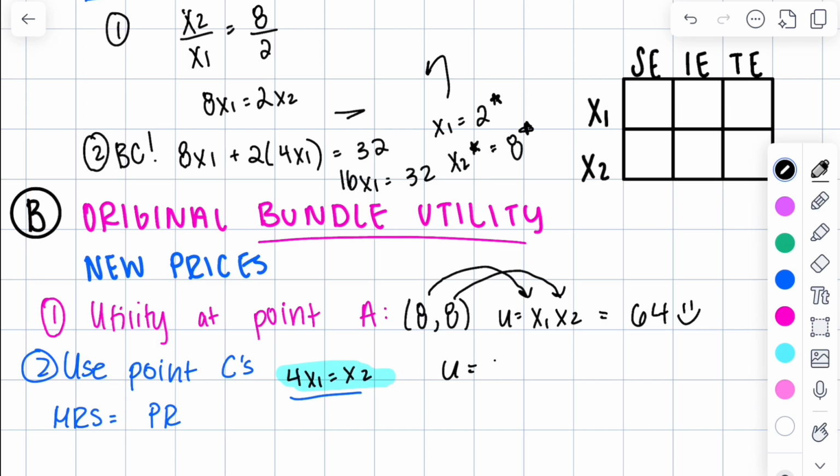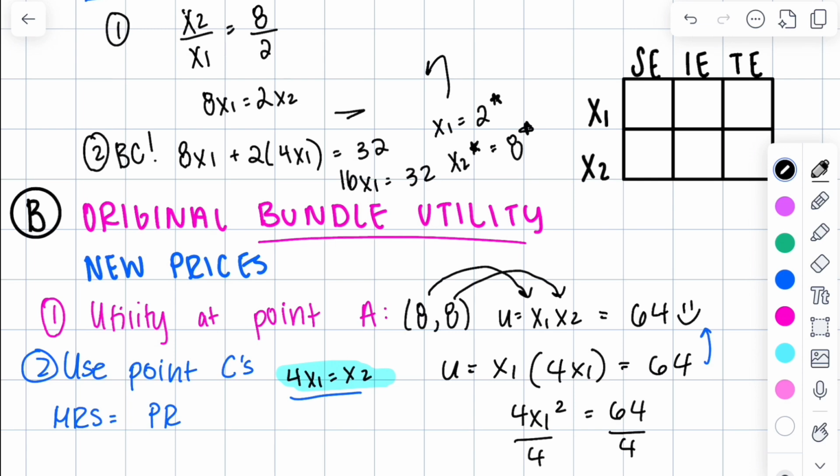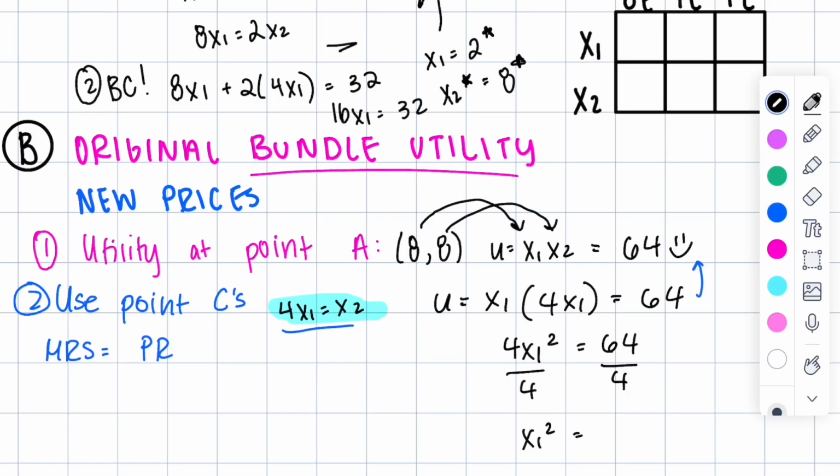So I have utility equals x1 times 4x1 equals 64, right? Because I want the utility to be equal to point A's. And then from there, I have 4x1 squared equals 64. So divide by 4. x1 squared equals 16. Then I can take the square root of that. So x1 optimally equals 4.